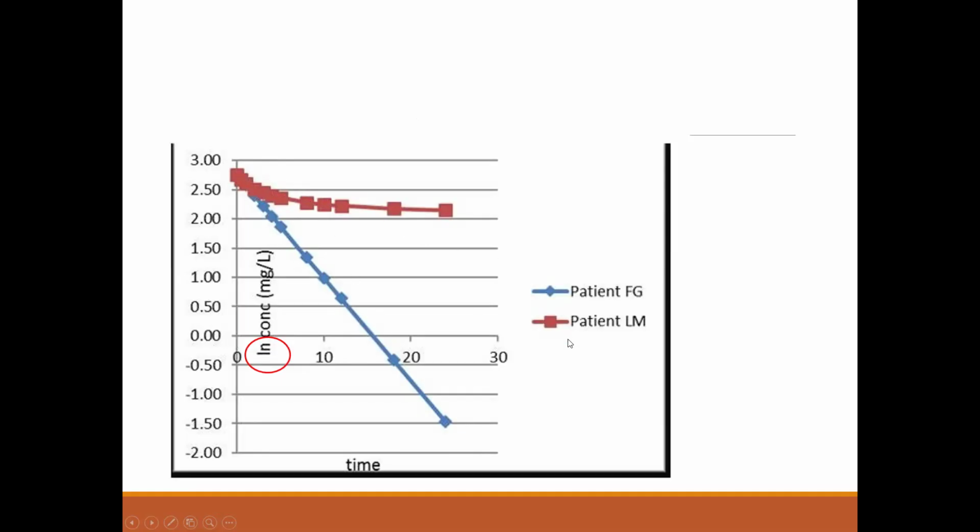So which of these patients has, they're all at the same concentration up here, so which one of these has a higher Km? Well, this guy must have a larger Km, FG, because the relationship between Km and concentration is what's at play here. So as long as the Km is much greater than the concentrations, it'll be linear. So patient FG has a higher Km than patient LM, doesn't it?